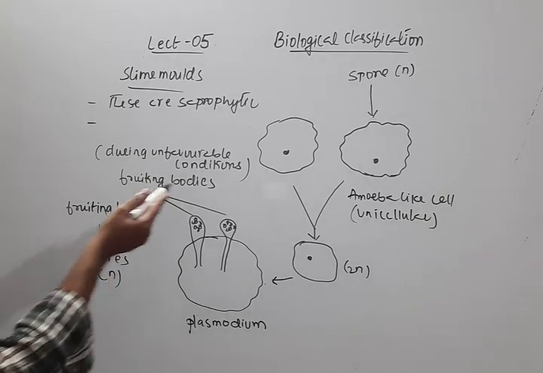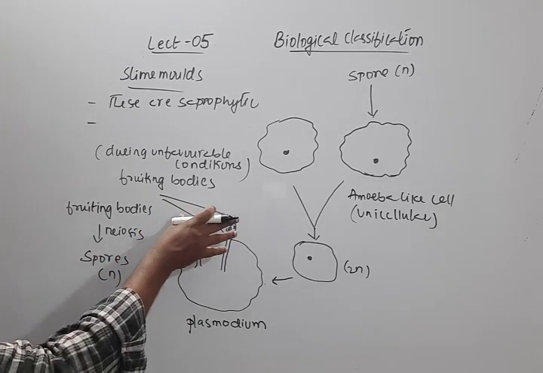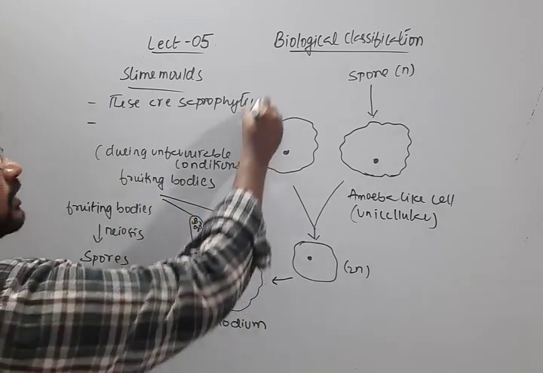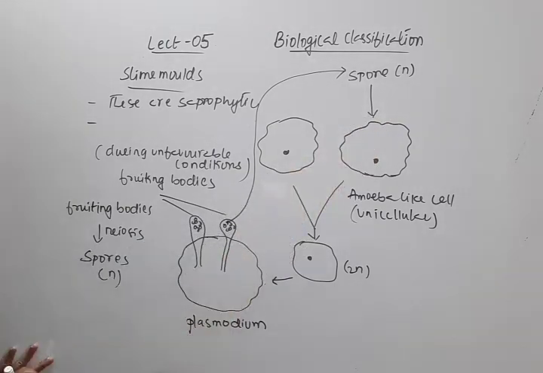These fruiting bodies break open and release the spores, and these spores again will germinate and give rise to amoeba like cells. They again aggregate to form the plasmodium, and the life cycle continues. These spores are extremely resistant, and they can survive for several years under unfavorable conditions.